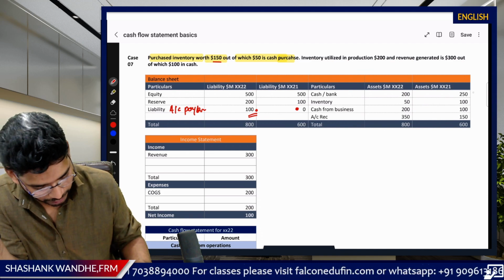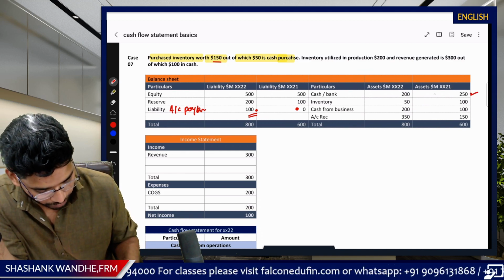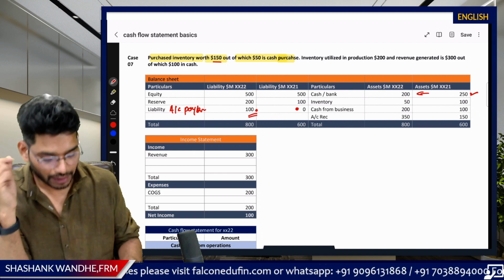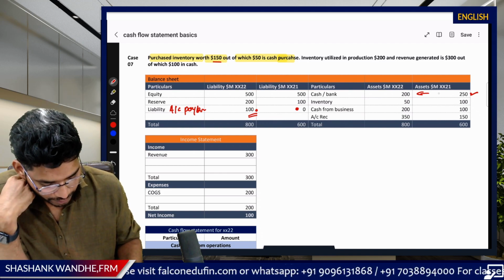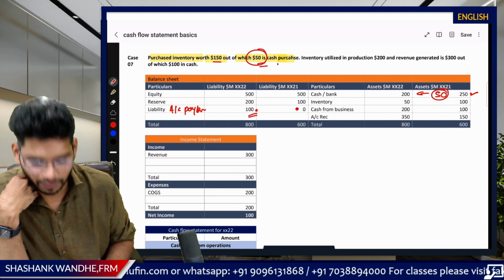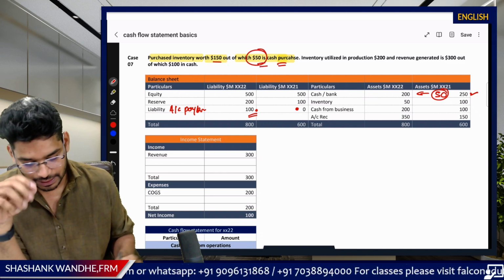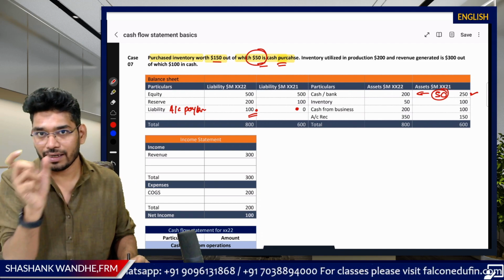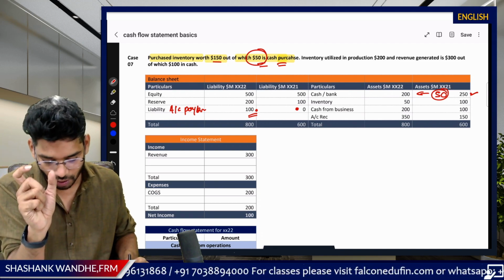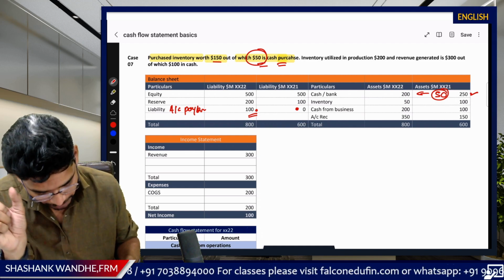So first, the cash account, we are seeing the reduction, from 250 to 200. The 50 here is utilized in the purchase of inventory, remember. So from 250 to 200, the minus 50 is coming from the purchase of your inventory.